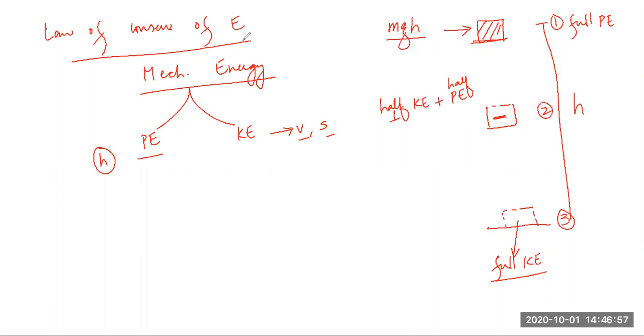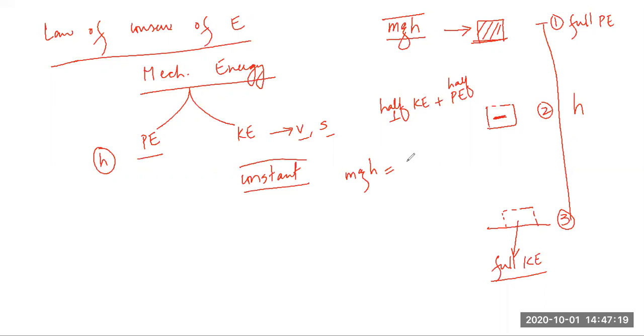What is the law of conservation of energy? It says at any moment, the total energy of the body is constant. Total energy of the body is constant. I'm going to make a video on this after this. We're going to do some calculations also. That means what is the total energy of the body? mgh at point 1.